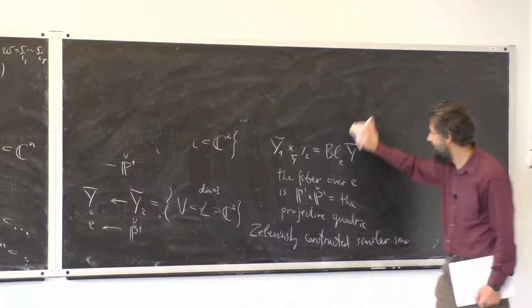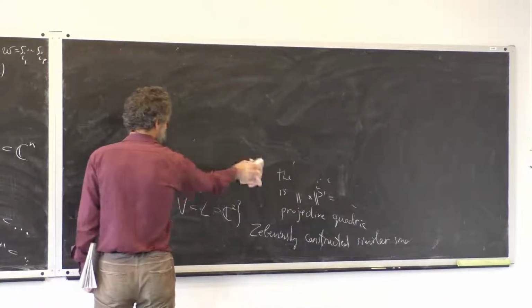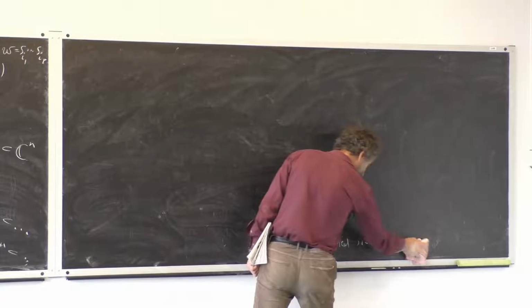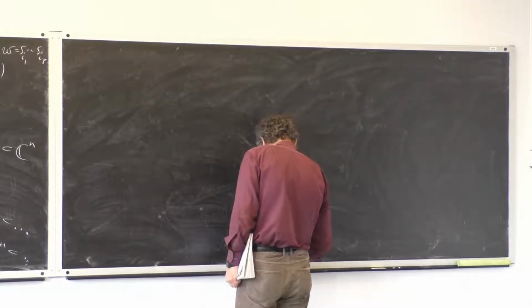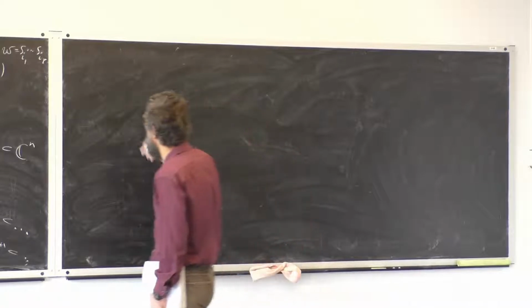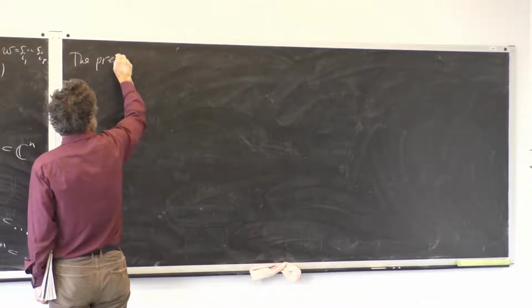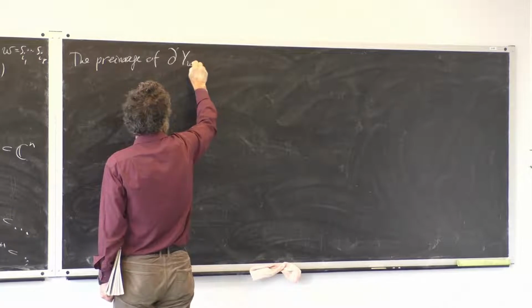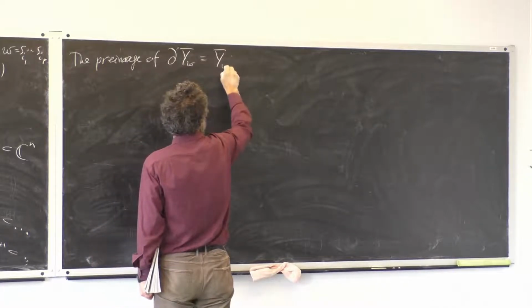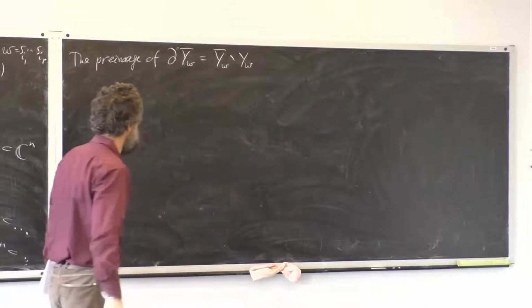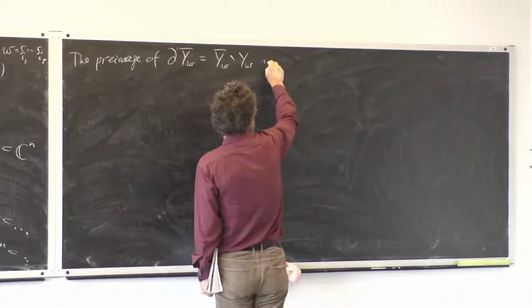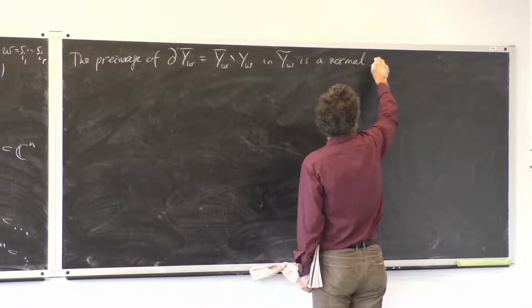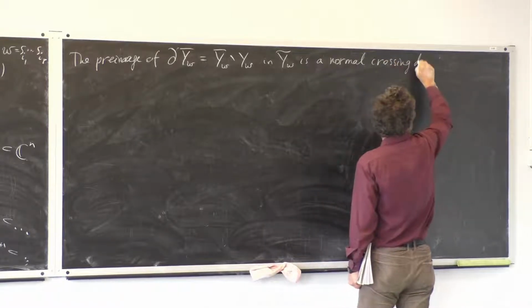If there are some fans of algebraic geometry and resolutions of singularities, then what Roman says is absolutely true, that the preimage of the boundary, the smaller Schubert varieties, in this Demazure resolution is a normal crossing divisor.